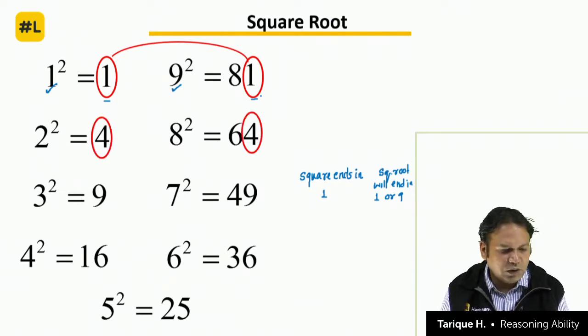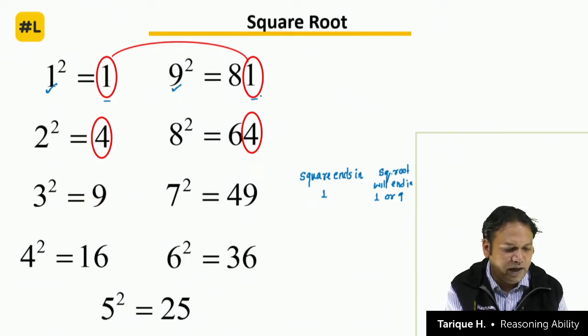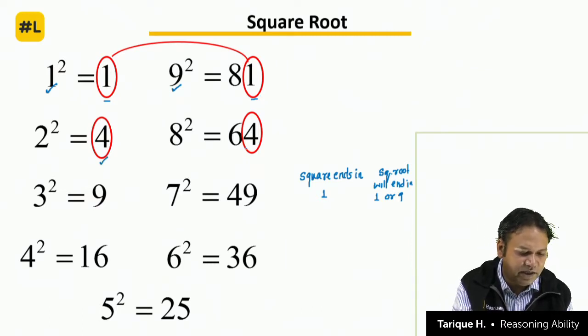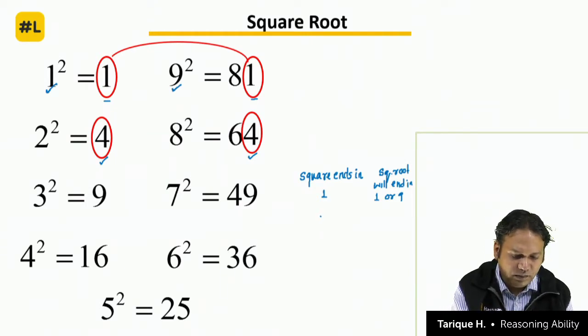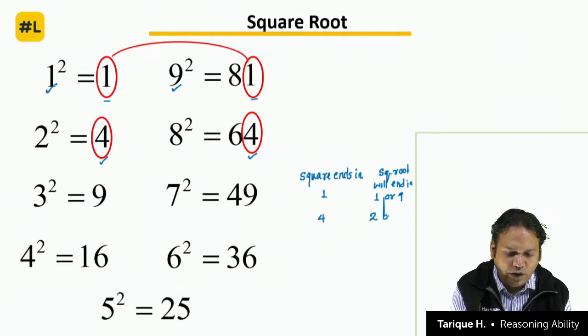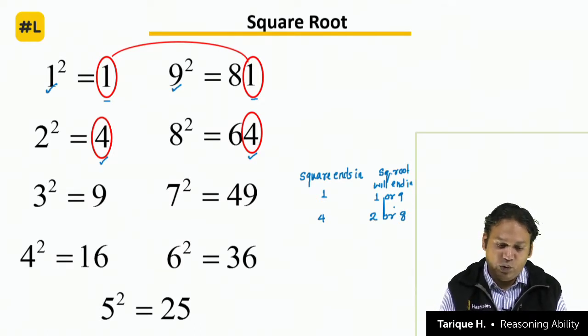Similarly, if you look at 2 square and 8 square, both end in the same digit, that is 4. So this gives us our second rule: if the square ends in 4, then the square root will end in 2 or 8.